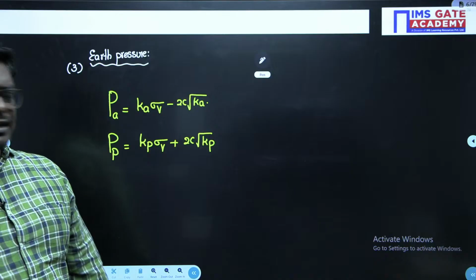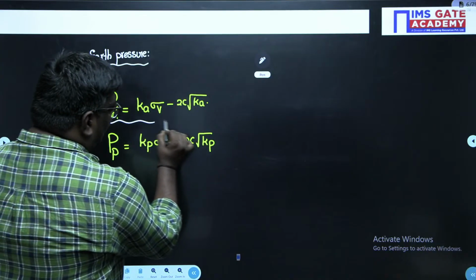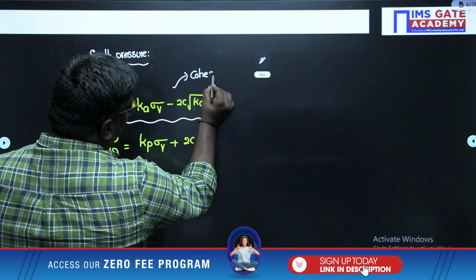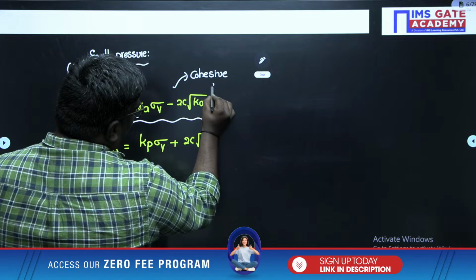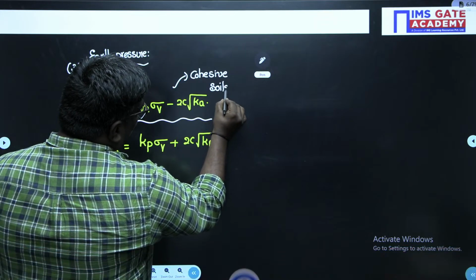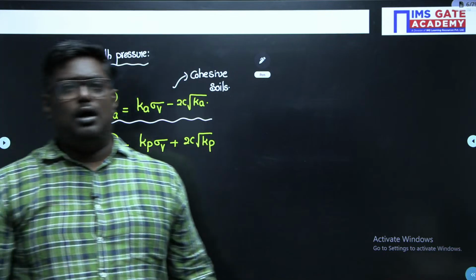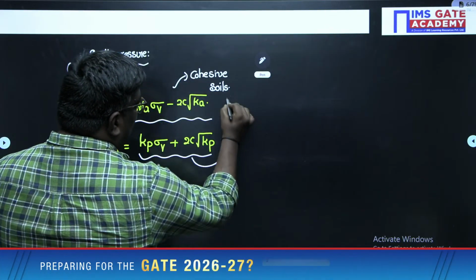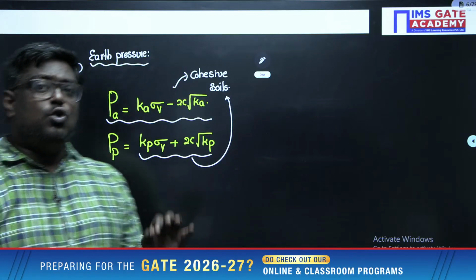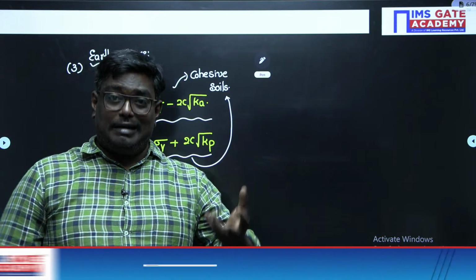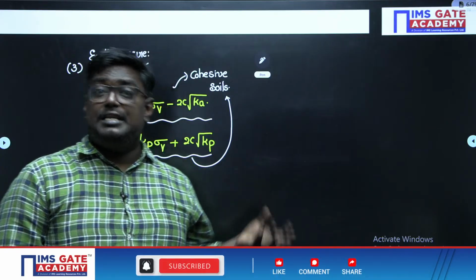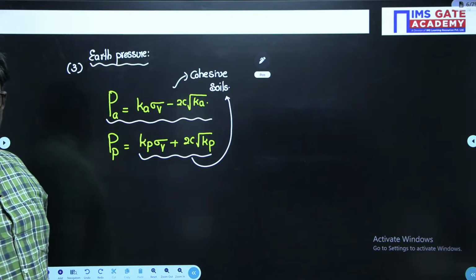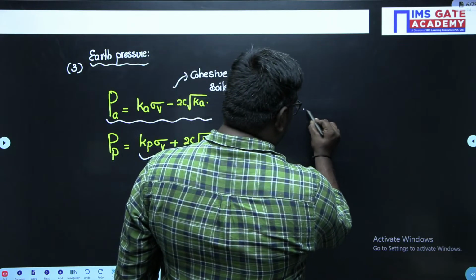So, my dear students, here is the formula for active earth pressure in case of cohesive soils, and this is the formula for passive pressure in case of cohesive soils. If they have not mentioned anything, or dry or sand, if they don't mention anything about cohesion, you can take cohesion as 0.